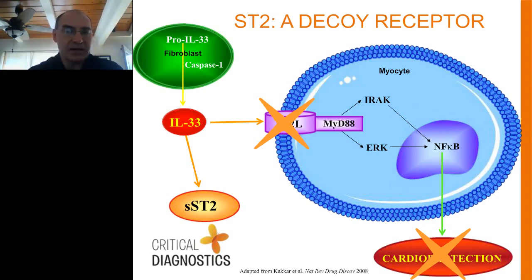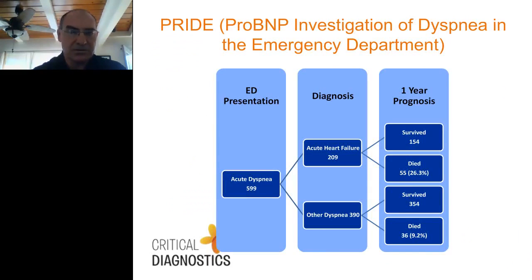In that case, the stimulated myocyte does not get the protective signal from interleukin-33, and the myocyte then transitions into an alternate response pathway of apoptosis leading to necrosis, fibrosis in the tissue, and worsening disease. And that's exactly the clinical response that we see when patients have an elevated level of soluble ST2 and the presence of cardiovascular disease or symptoms of cardiovascular disease.